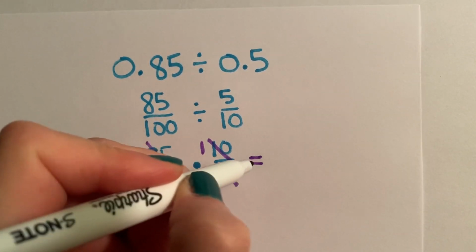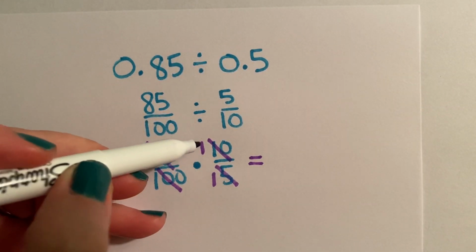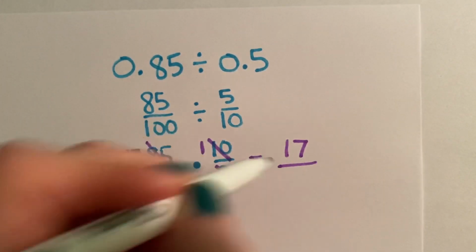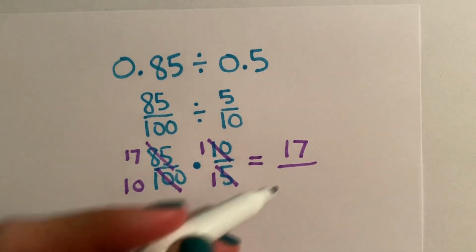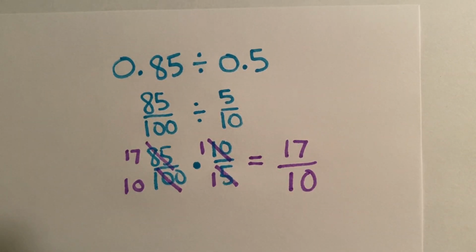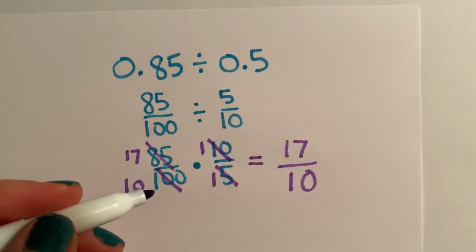So if I multiply straight across, 17 times 1 is 17. 10 times 1 is 10. Now, I'm going to turn that back into a mixed number.